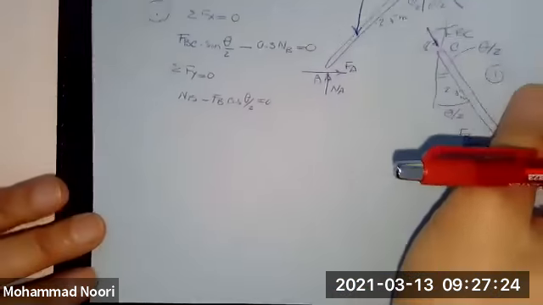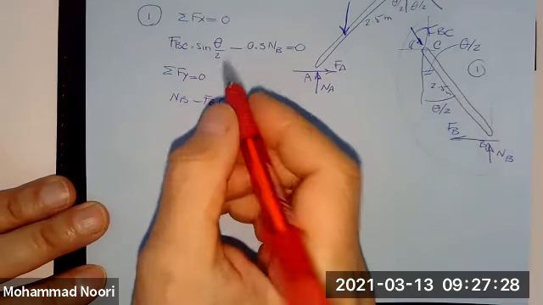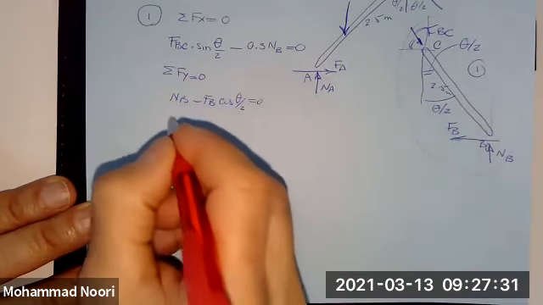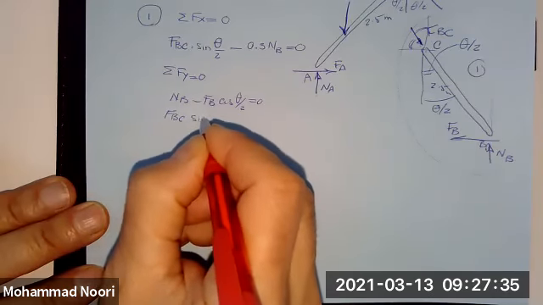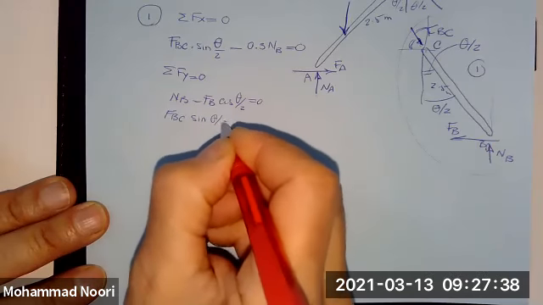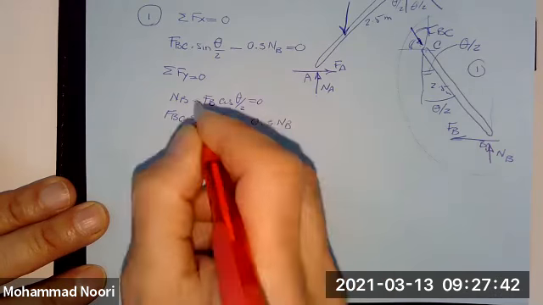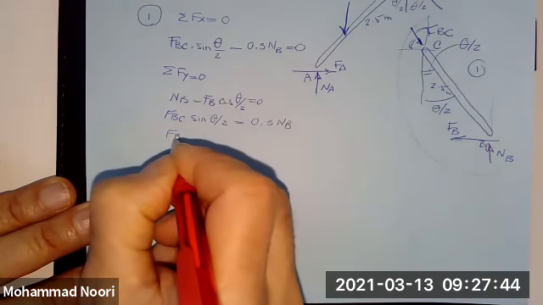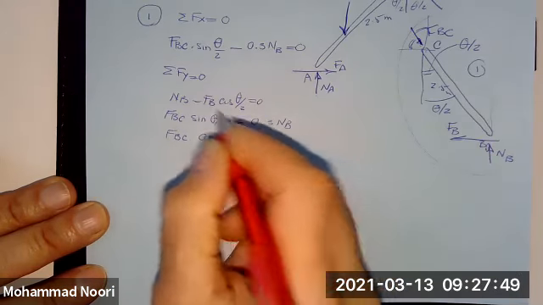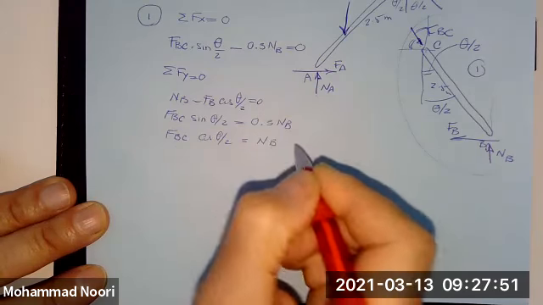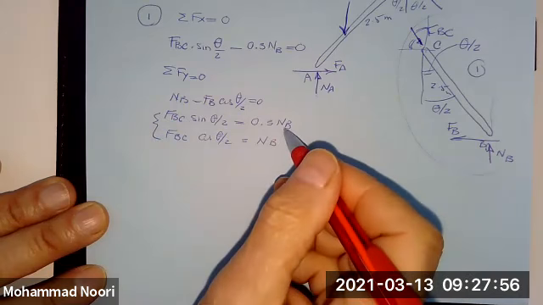So let me simplify these two equations. The first one will give you FBC sine of theta over 2 is equal to 0.3 NB. This one will give me FBC cosine of theta over 2 is equal to NB. Two equations, but three unknowns, right?